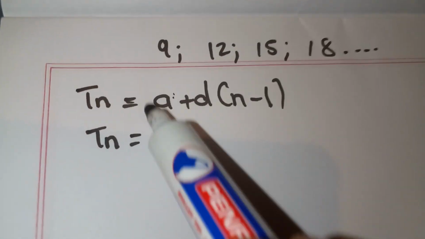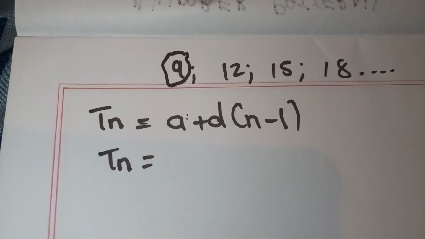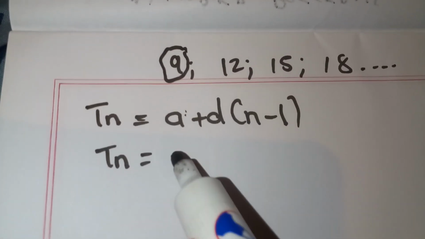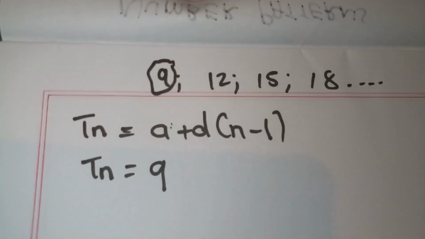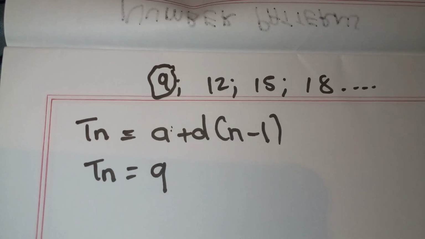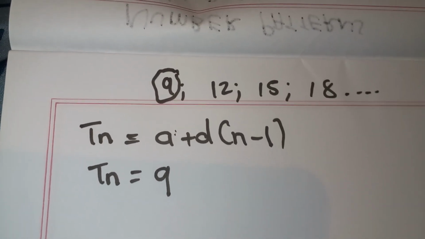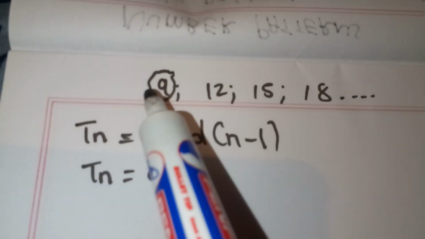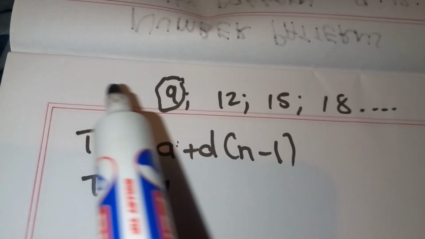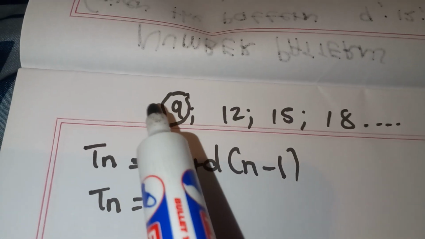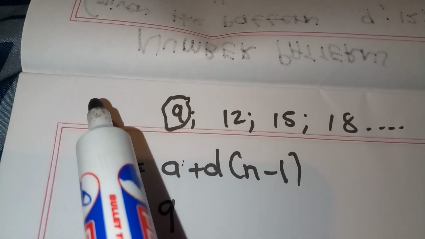Our a, I say it is the first term. The first term here is 9. So that means you put your 9 here. Most grade 9s make this mistake. I don't know where they are getting that logical thinking of theirs. They expand this pattern backward to say that the term before 9 is going to be 6, then 3.